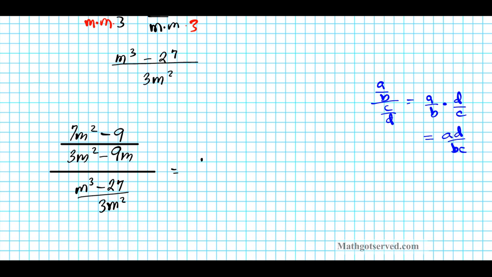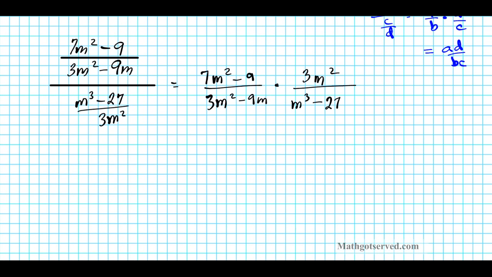We write the numerator 7m squared minus 9 divided by 3m squared minus 9m. Multiply that by the reciprocal of the denominator, 3m squared divided by m to the third minus 27. Okay?